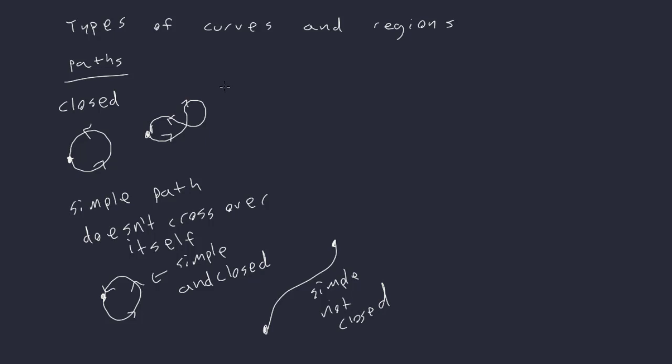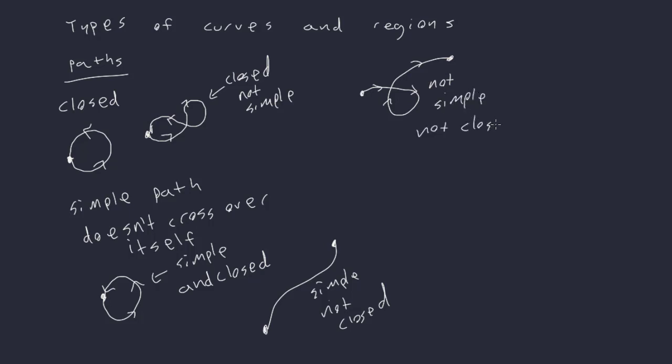Here, this is closed and not simple. And if we made this path something like this, this would be not simple and not closed. So if something is simple and closed, it looks like this.